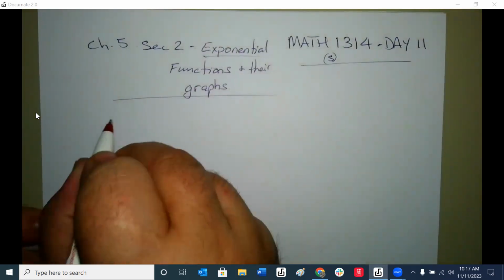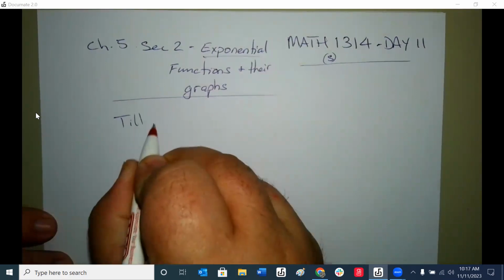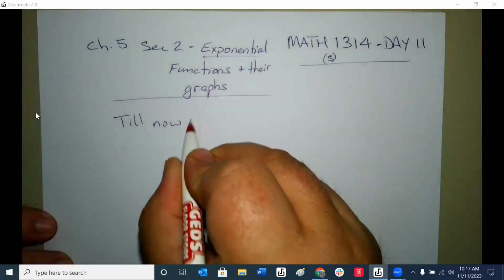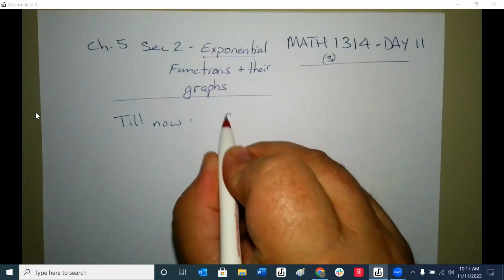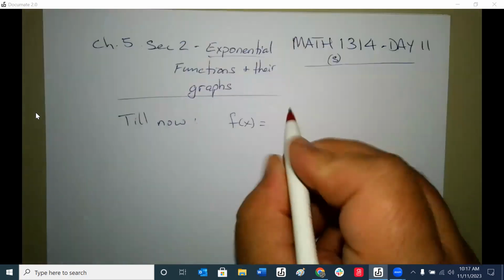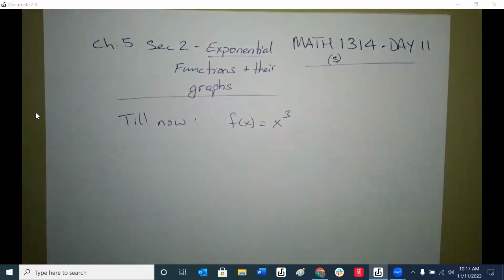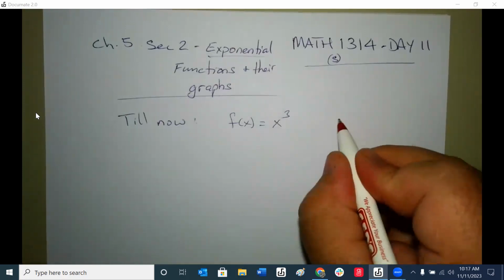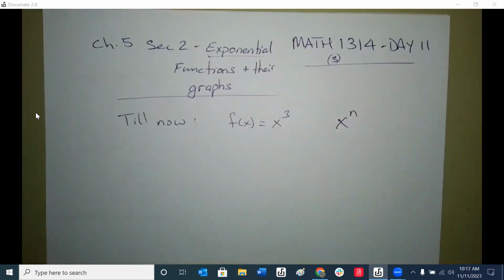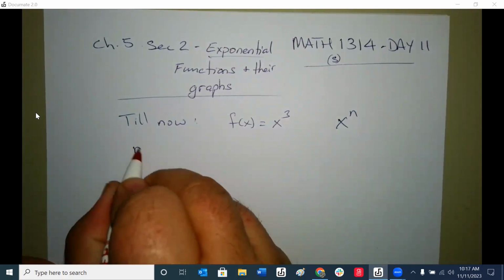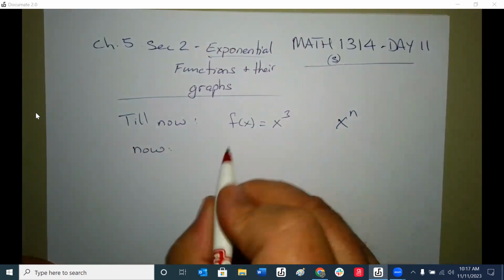Up until now, we have had this f of x equals x to the third, some x to some power. We've had x to some power. Now we switch it.